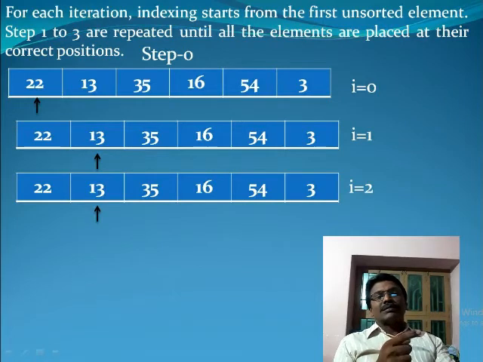Next iteration, i is 2. a of 2 is 35. Comparing 13 and 35, it is the greatest value, so we cannot change the minimum. In this case also 13 is the minimum.